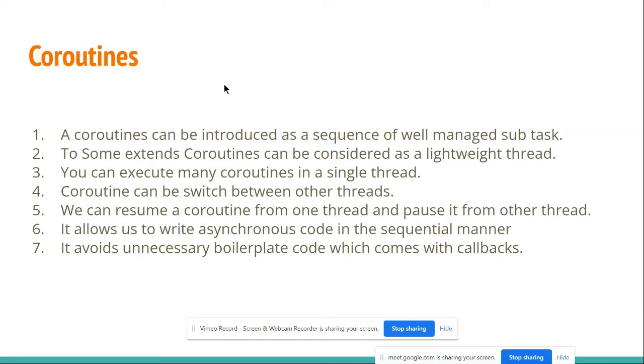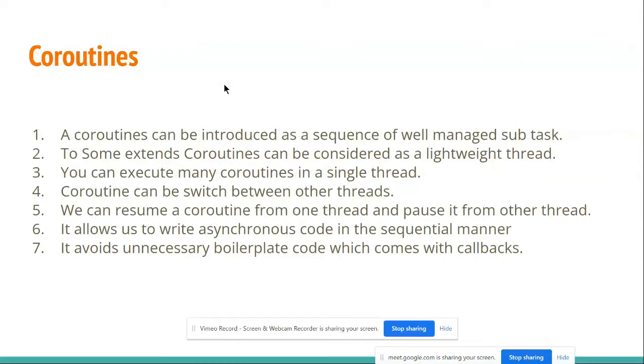To some extent, a coroutine is also considered a lightweight thread because we are dividing it into different parts. It is not such a bulky task. By using coroutines, we are dividing a single thread into different subtasks, so it is a lightweight thread.